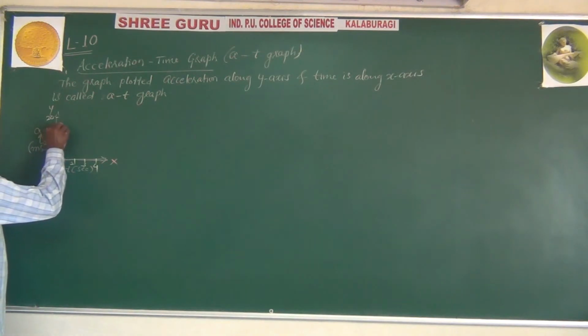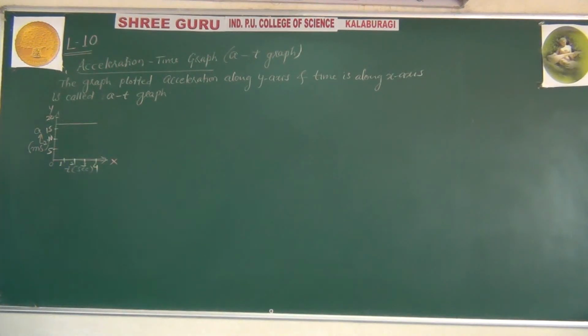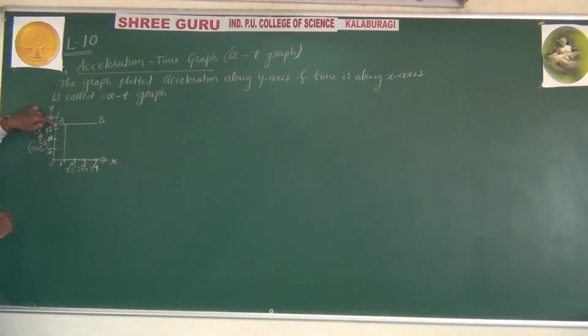This is the curve which is parallel to the time axis, and this curve AB. At the origin, at the beginning, when it starts, the acceleration of the body is here. Say it is 12 meters per second square. When the time is 0 seconds, after 1 second, the position will be again here only, as we are indicating along the y-axis.